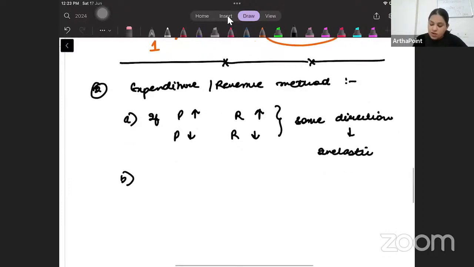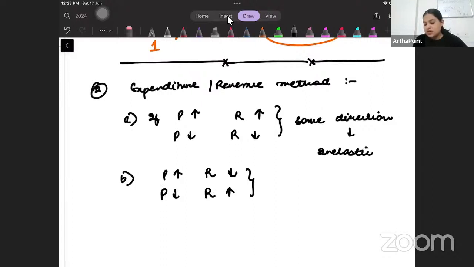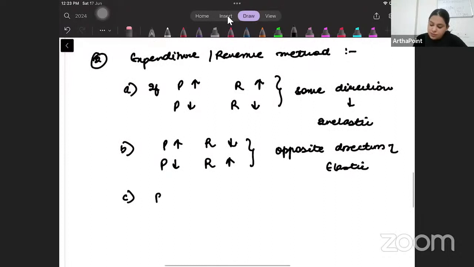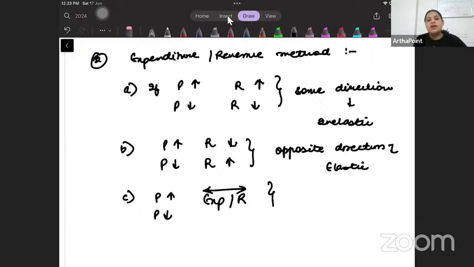Second, when price increases, revenue decreases, or price decreases, revenue increases, that means they move in opposite direction, then it is elastic. Third, when price changes, but your expenditure or revenue is unchanged, then beta it is unit elastic.